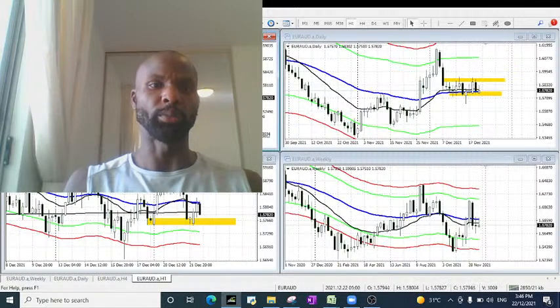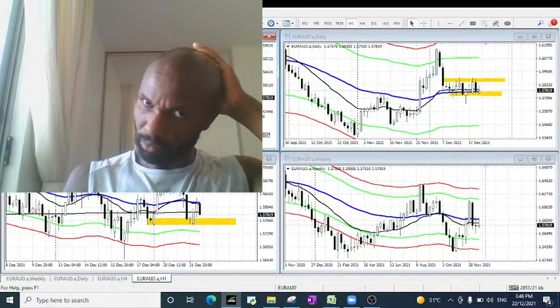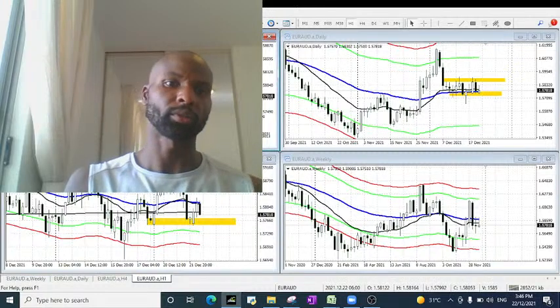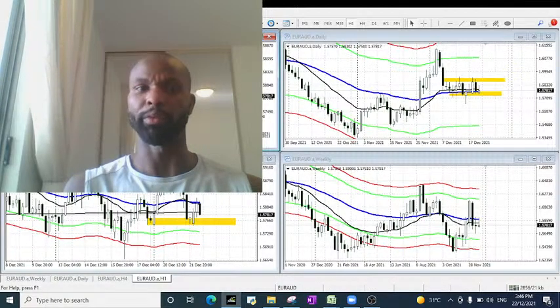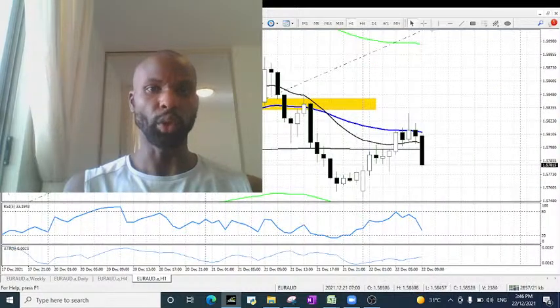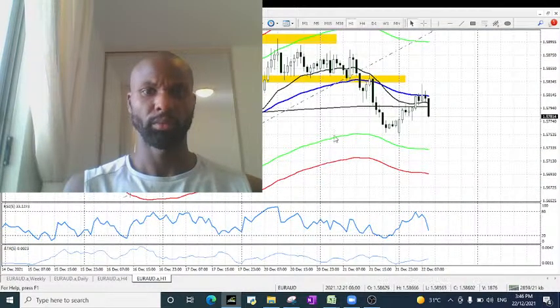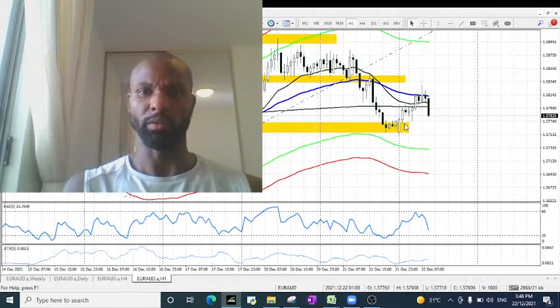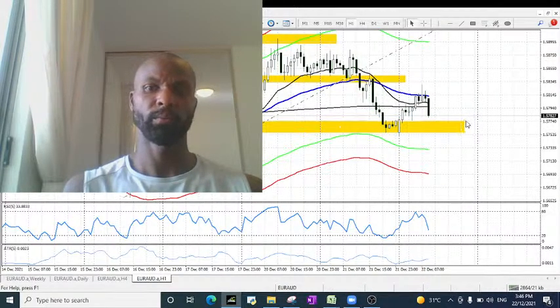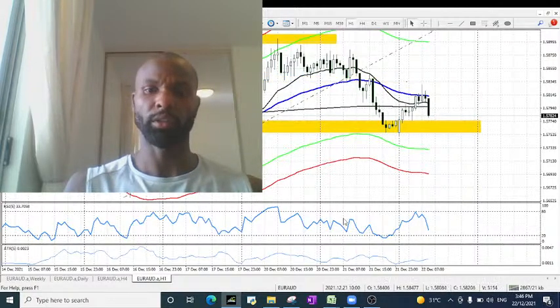We have momentum coming in here. Good momentum. But of course, we are at the bottom of the range on a daily chart, so it's not going to make sense to be taking sales. So we have this range right here.